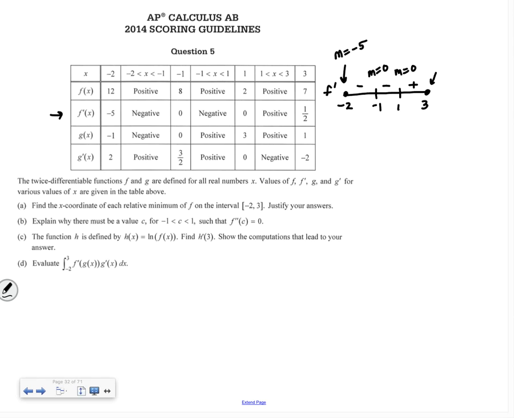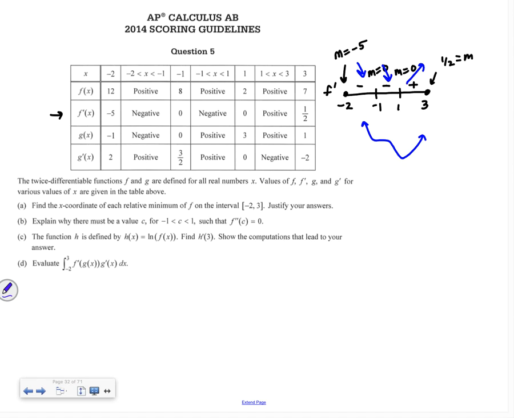And at 3, the slope is 1/2. So when I'm talking about slope, I'm talking about f prime of negative 2 is negative 5. So what this means is f decreases, it tapers off to a slope of 0, it decreases again, and then it increases. So it would look something like this.